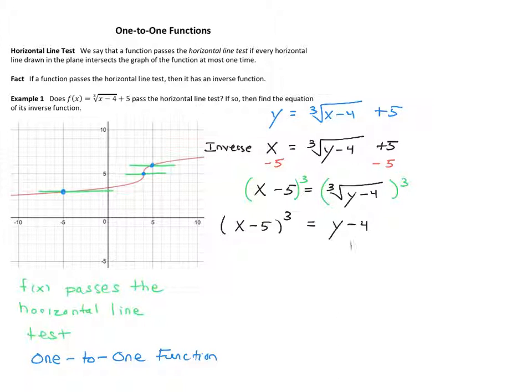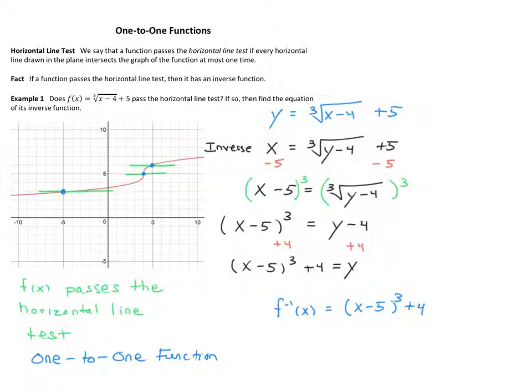My last step is to add 4 to both sides. And I have my equation. x minus 5 cubed plus 4 is equal to y. This is the formula for the inverse function. So I'll write that as f inverse of x is equal to x minus 5 cubed plus 4.